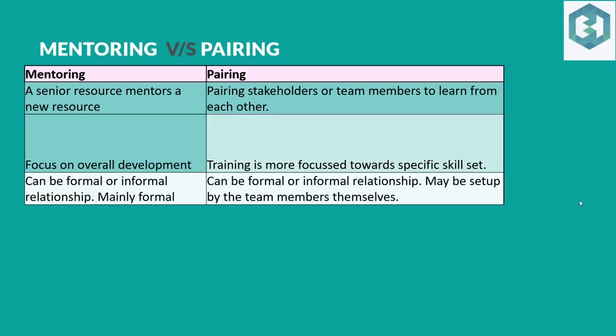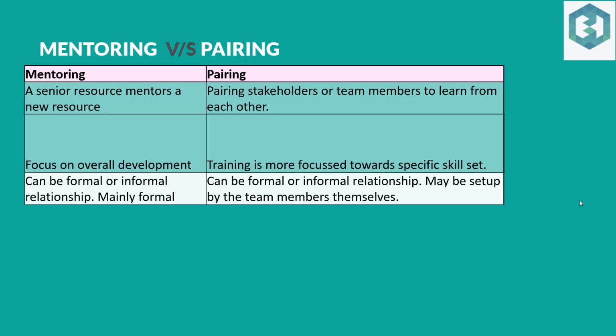In pairing, training is more focused toward a specific skill set. Your pair member would be focusing on passing the exam, whereas I would not just be focusing on your teaching and your passing. Of course, that's my primary goal. Plus on top of that, getting a better job, a good position, the overall development.